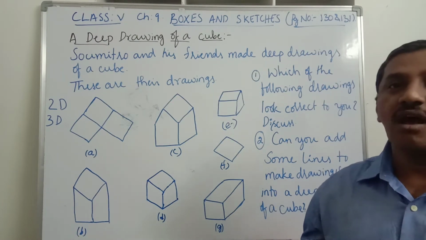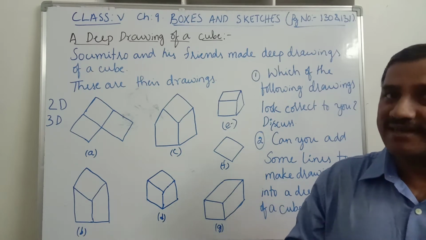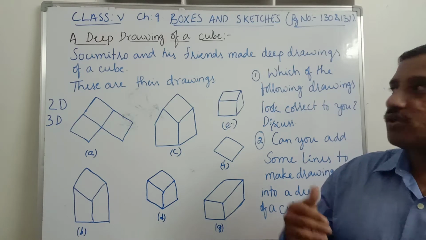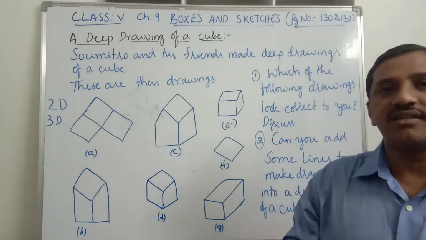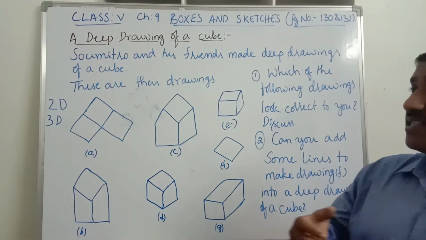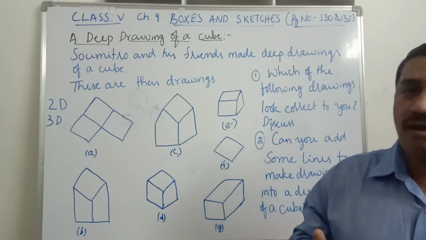Objects like what we studied in the lower classes, like square, rectangle, triangle, are known as two-dimensional figures. Two-dimensional figures have only two measurements, length and breadth or width.